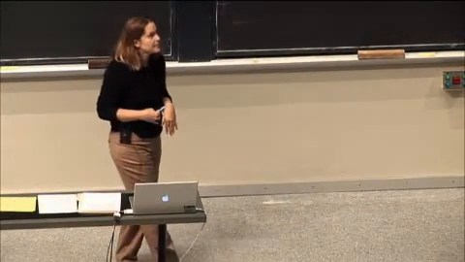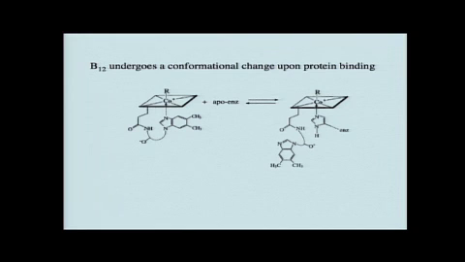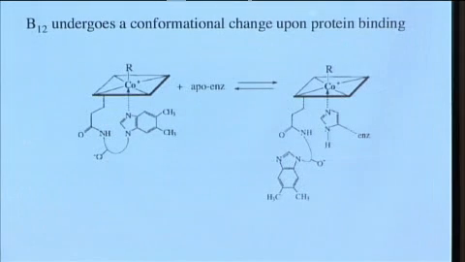So what happened in this case was that the vitamin B12 cofactor had changed its conformation when it bound to the protein. Instead of having this sort of loop structure here, it had more of a tail. So this base here had moved down, and so there was a different shape to the vitamin than had been expected.